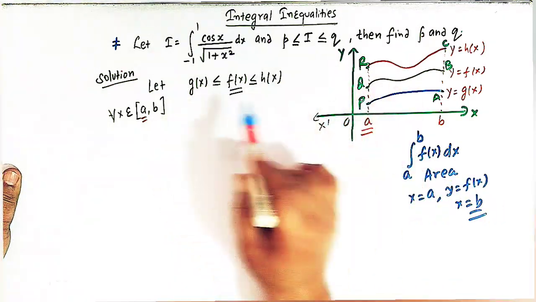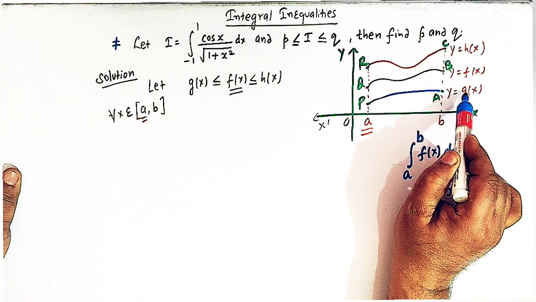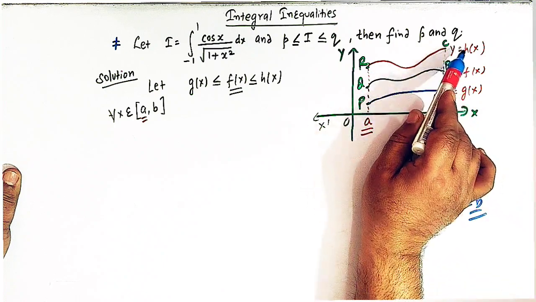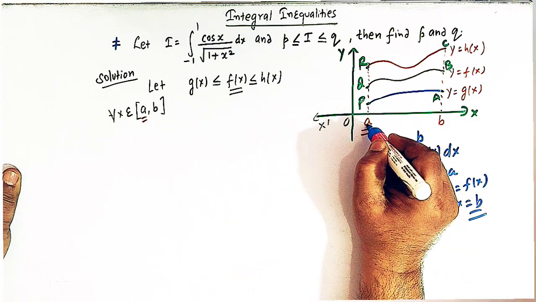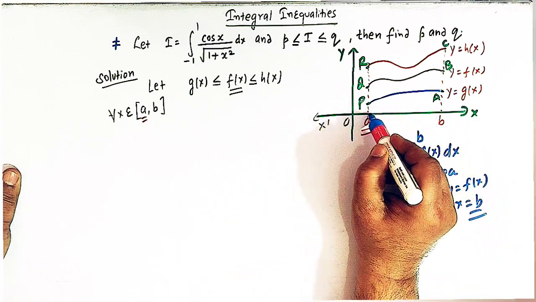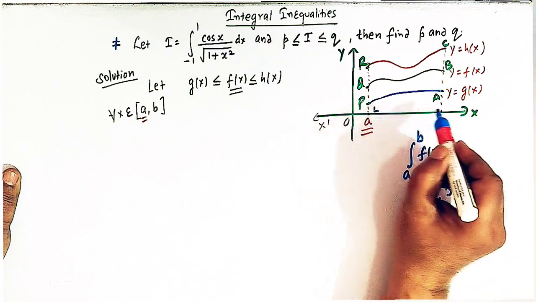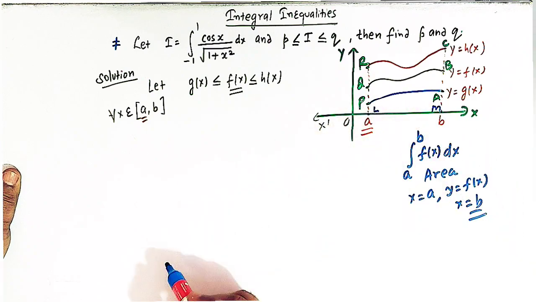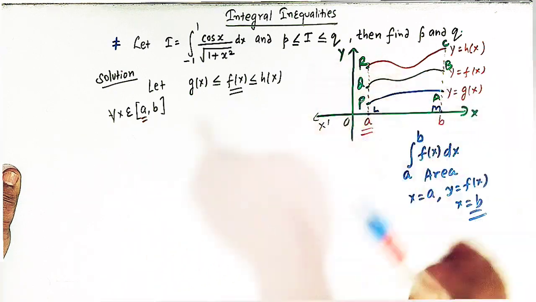Now see, this curve denotes g of x, here we have f of x, and then we have h of x, right? And here we have a and b. Let us call these two points L and M, right? From the figure, we have three areas.